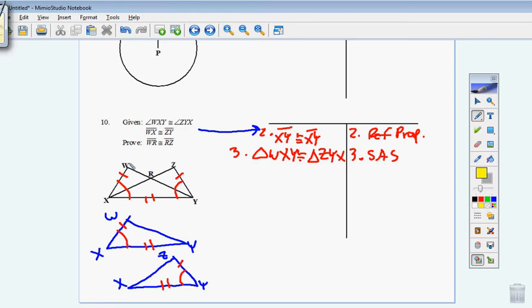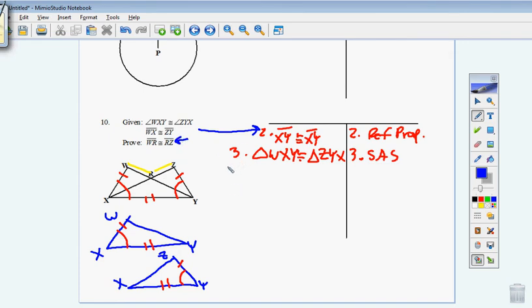Now what we're going to want to do is look at what we're trying to prove. We're trying to prove that WR is congruent to RZ. So we have to take into consideration what triangles that is a part of. Well, you can see that WR and RZ are a part of triangle WRX and triangle ZRY. So if I could somehow prove that these two smaller triangles are congruent to each other, then I could say that WR is congruent to RZ, which is what I'm trying to prove, by CPCTC.